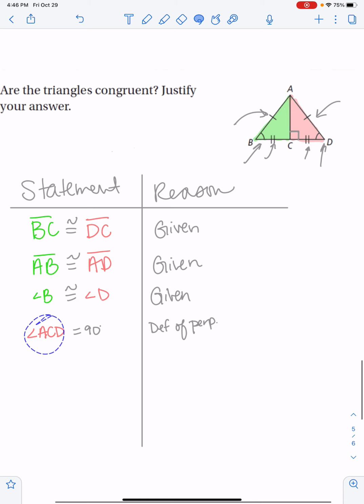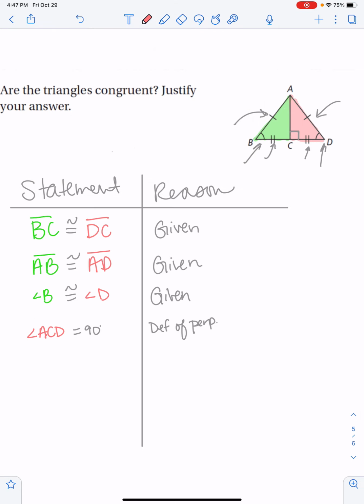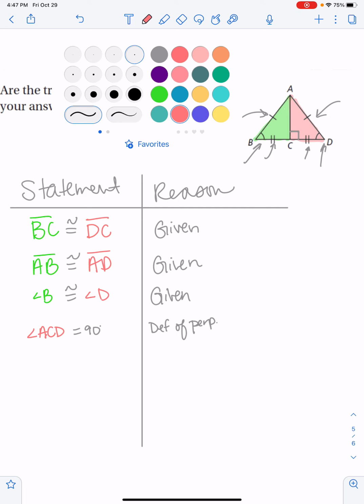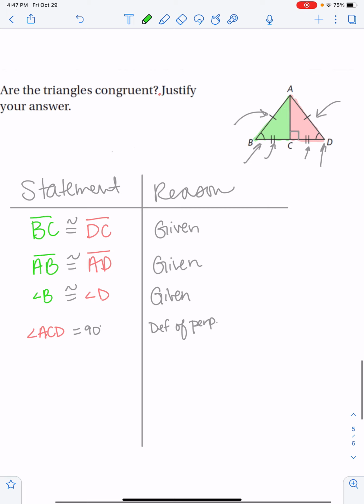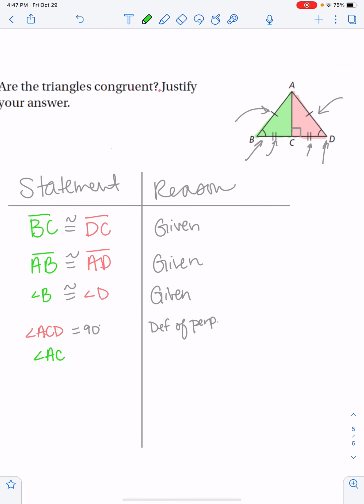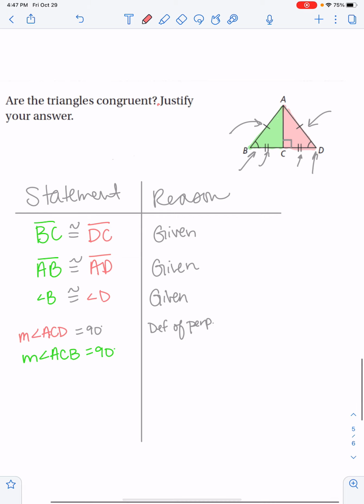I can also say, oops, this one should have been red, I can also say that ACB is 90. So angle ACB has to also be 90 degrees. Measurement of.